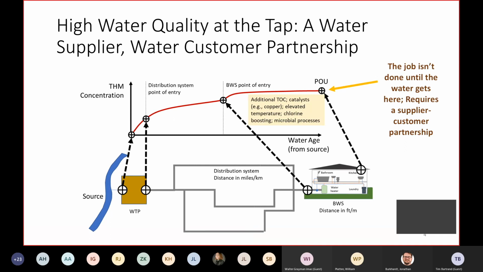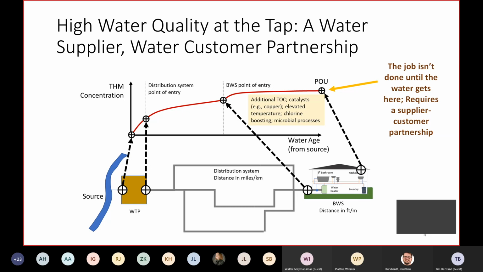So from my perspective, the high quality water at the tap, we talk about source to tap, but in reality, the community doesn't quite get the water all the way to the tap, and that is the modeling community as well as the community of people who need to have safe water all the way to the tap. Here is a schematic that I've used in another study showing what happens to the THM concentration as you go from the source all the way to the tap.